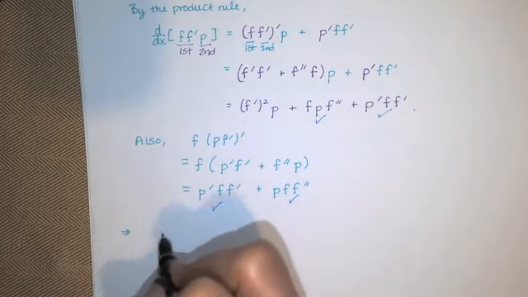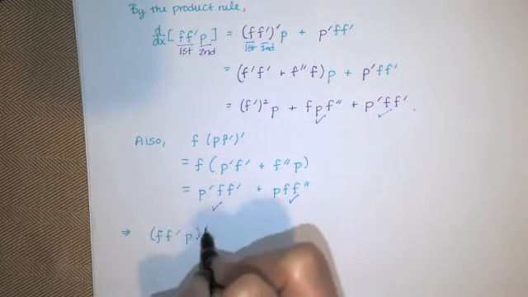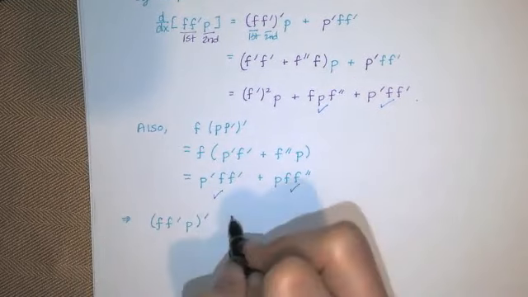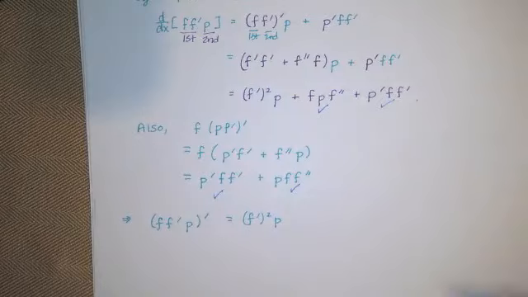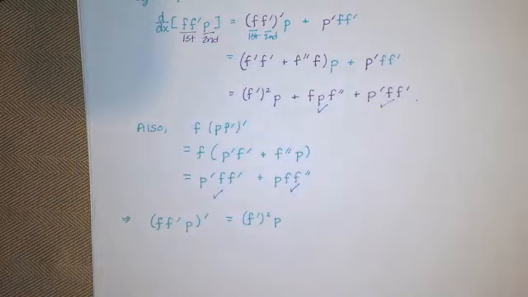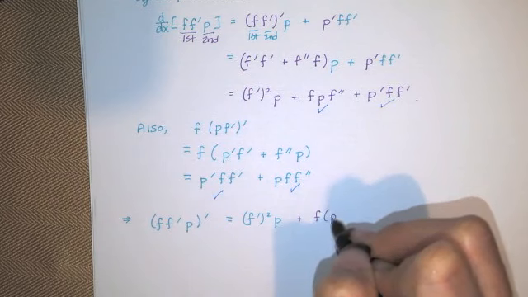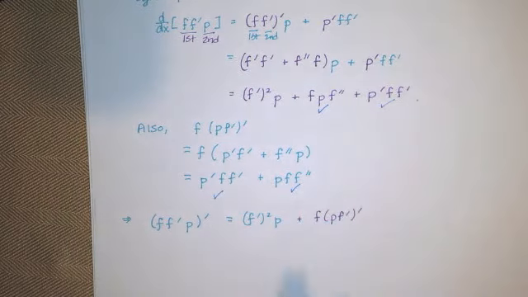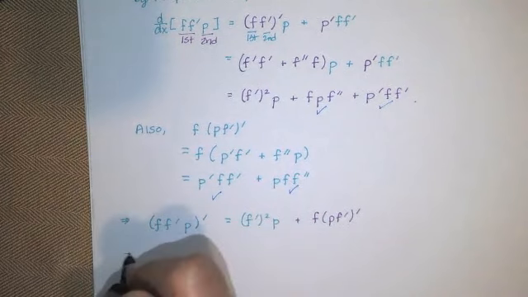So putting these two pieces together, we've got F prime P, that whole product prime, is equal to F prime squared times P plus this expression. And if I want to get this by itself, I just subtract this from both sides.